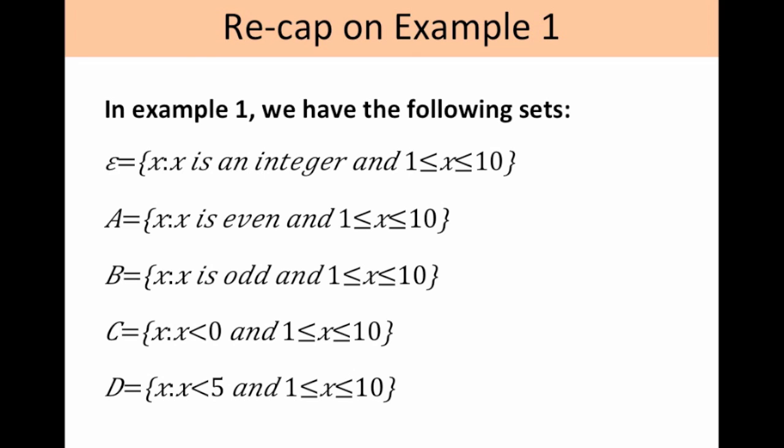The set C is a null set since it has no element in the universal set. The set D consists of 1, 2, 3, and 4, which are integers less than 5 in the universal set. Now, with that, we are going to learn how to draw a Venn diagram to represent these sets.